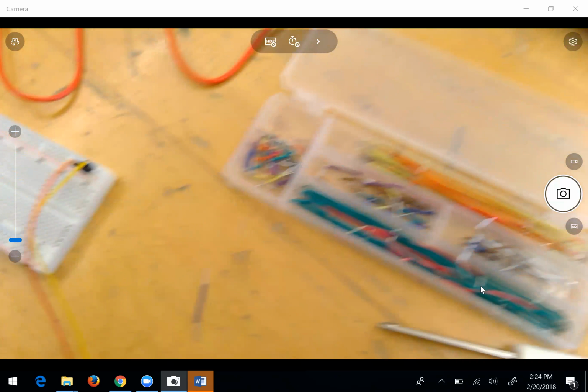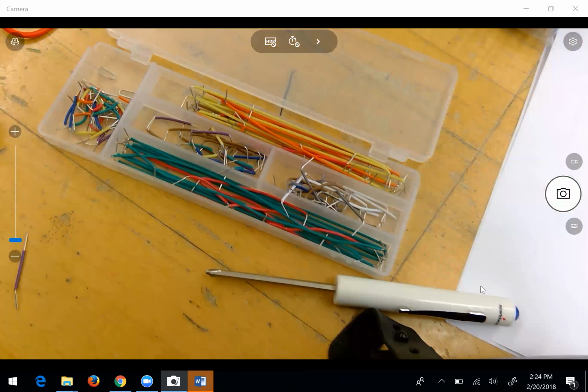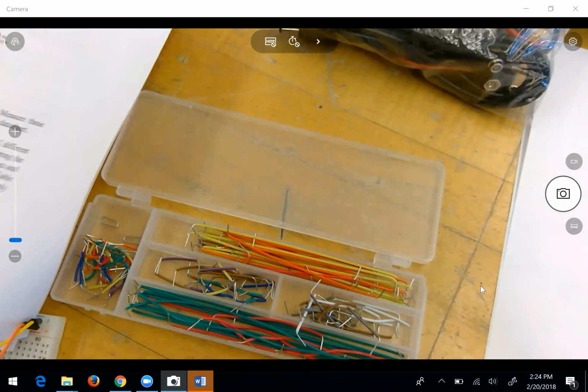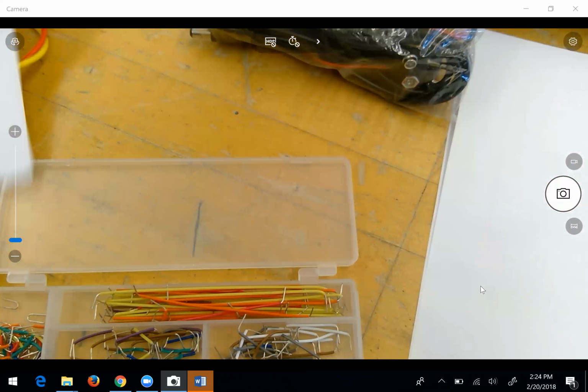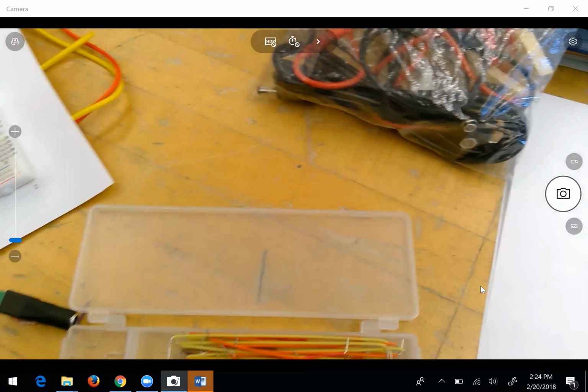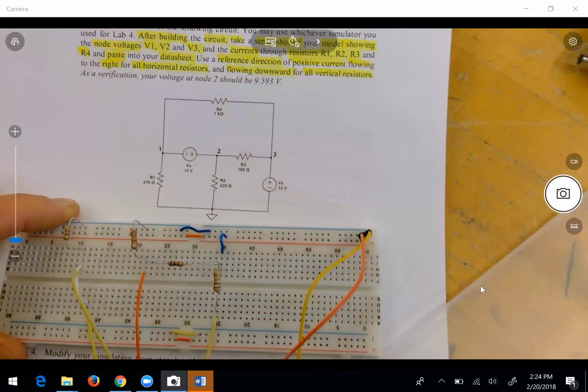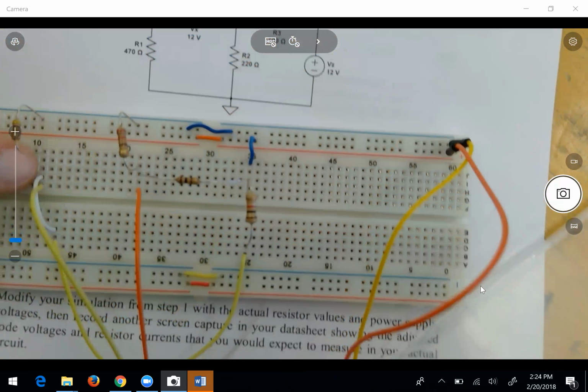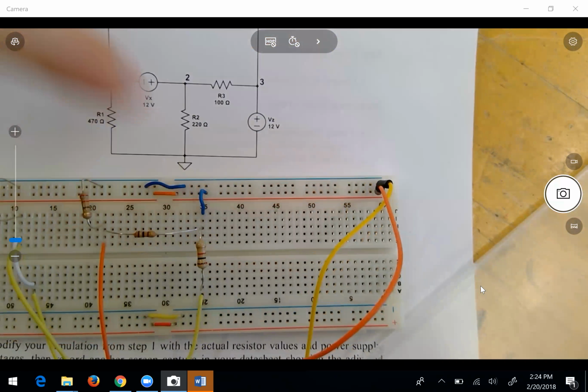Is the way we connect the batteries okay in terms of damaging? Okay, so here's your circuit. This is V1, that's V2, that's V3 or node 3.